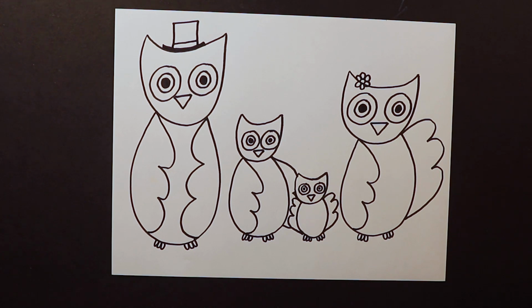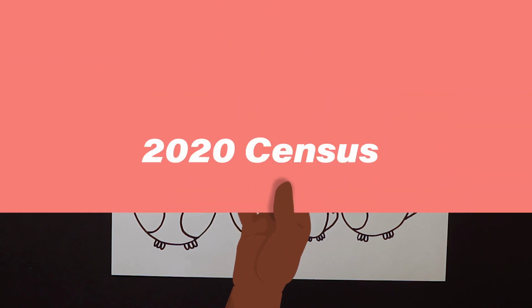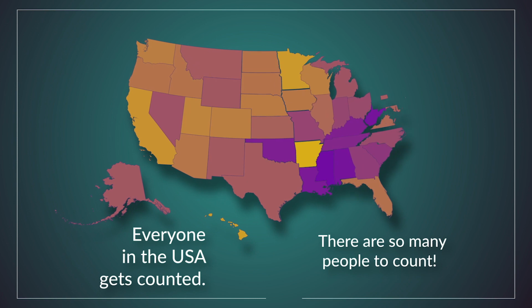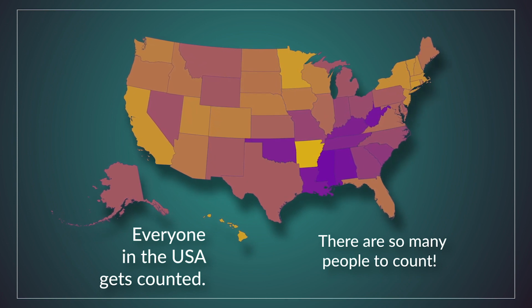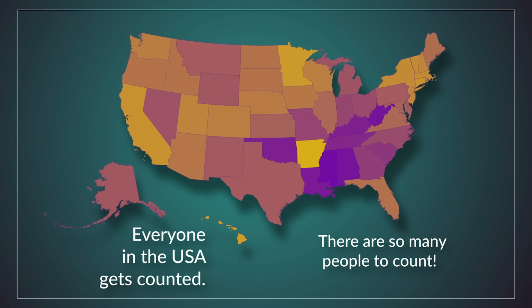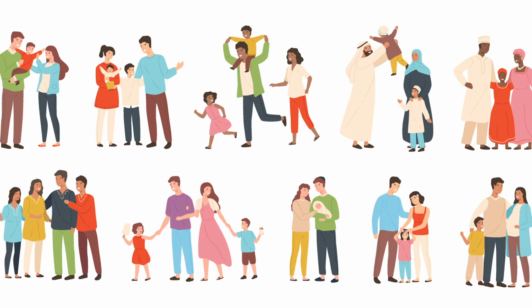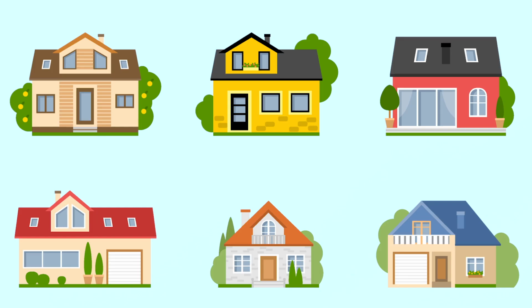While you guys are finishing up your owl drawings, I'm going to tell you a little bit about a census. So every 10 years, everyone living in the United States gets counted. It's called the census. That is a lot of people to count. Counting all those people helps the Census Bureau find out how many different kinds of people live in different kinds of places.